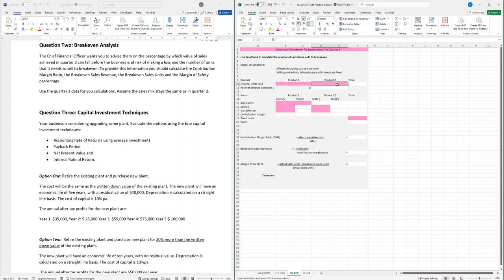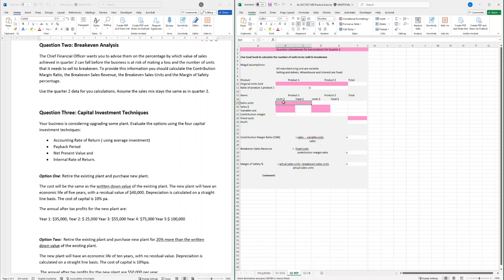Please make sure that all the numbers, except for the fixed cost, but fixed cost as well, are highlighted in pink. They have no formula, because the Excel function we are going to use to calculate the break-even sales unit doesn't like formulas.